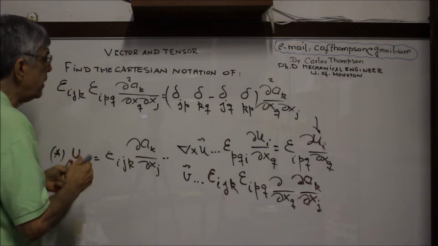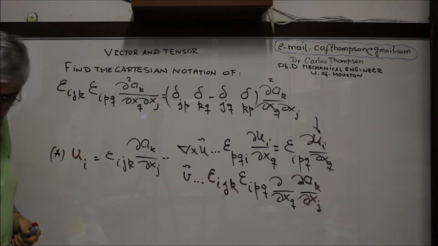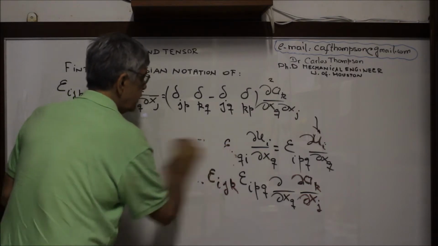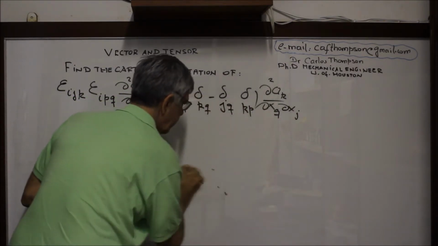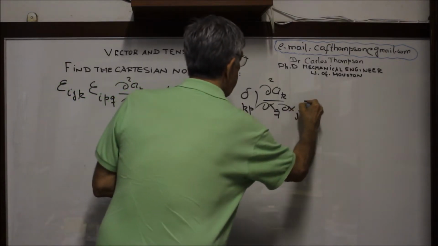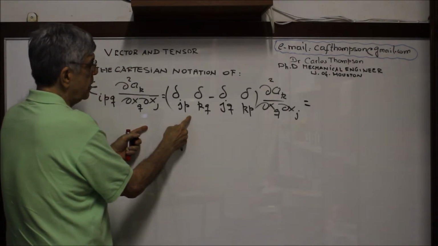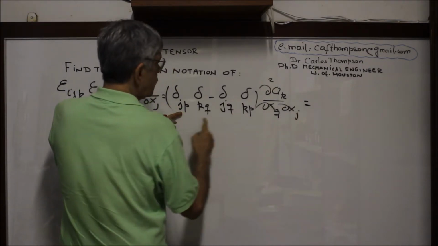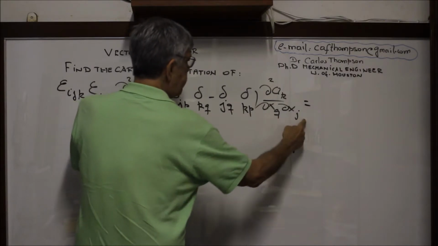Now let's apply the property of delta. So I will do like this. Let's raise here. And this will be equal. Now, you see, delta jp. So this will apply over here. So instead of j, I write p.